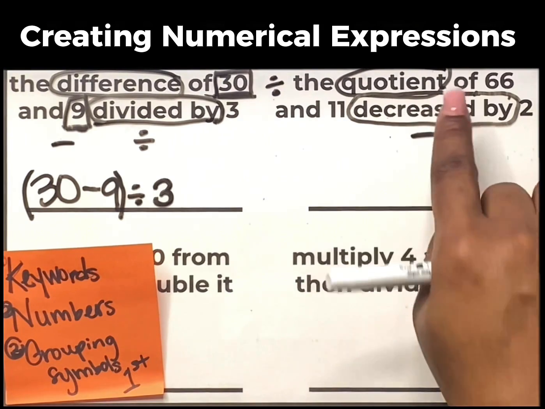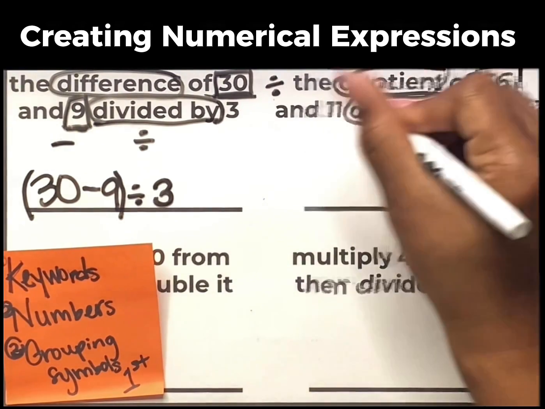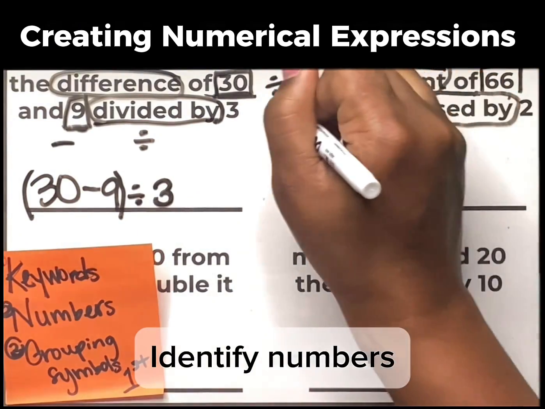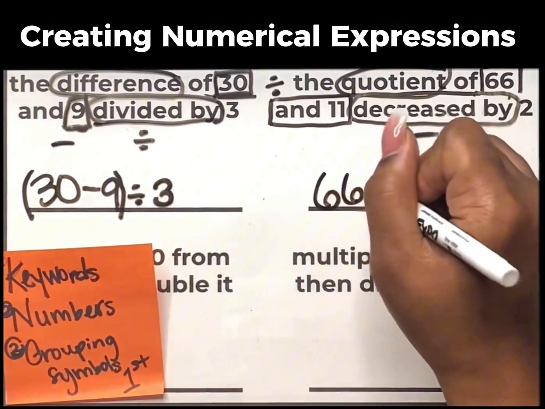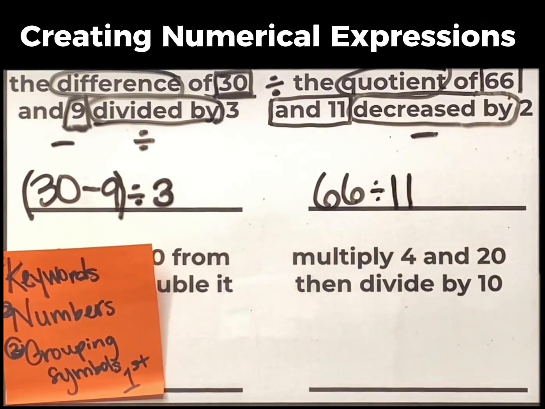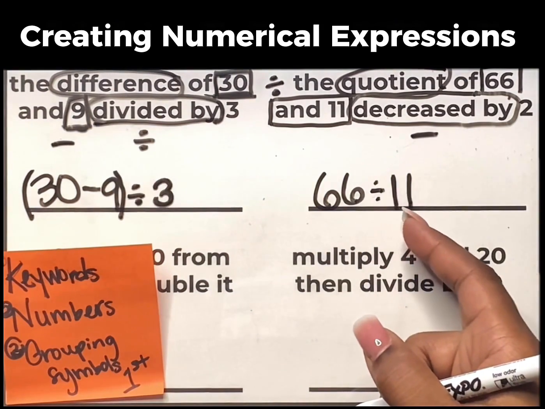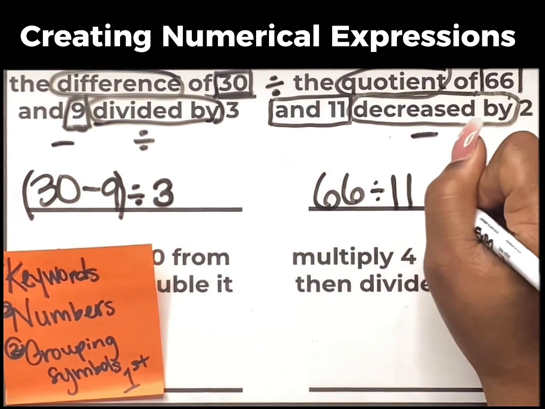The quotient of, now let's find those two numbers that match that. Hopefully you notice that's 66 divided by 11. 66 divided by 11, and then we're going to decrease that quotient by 2.